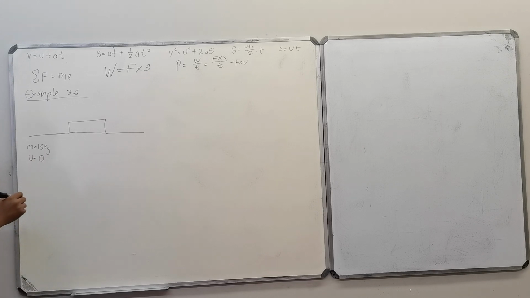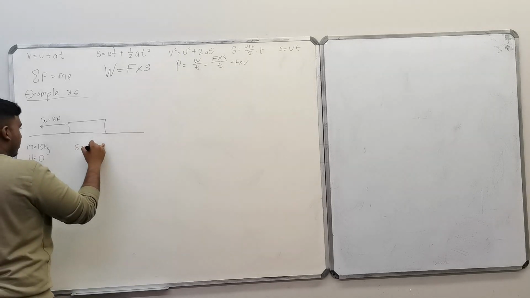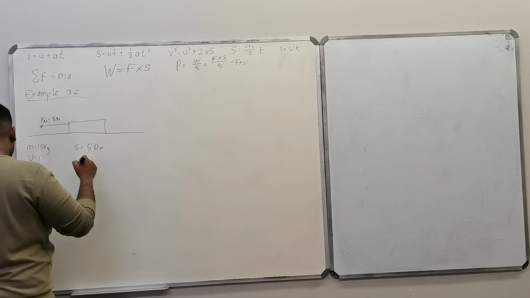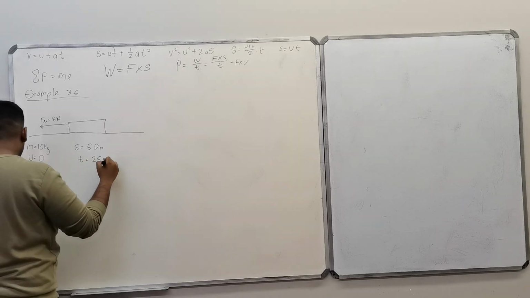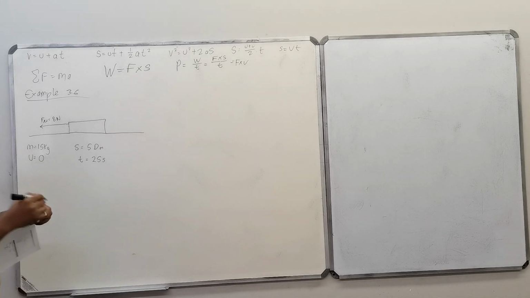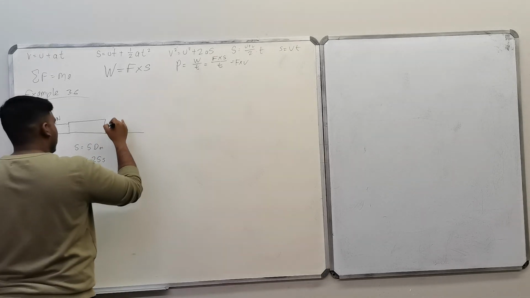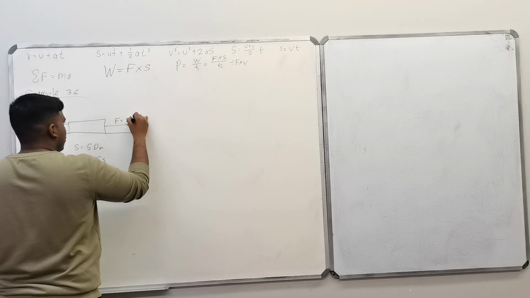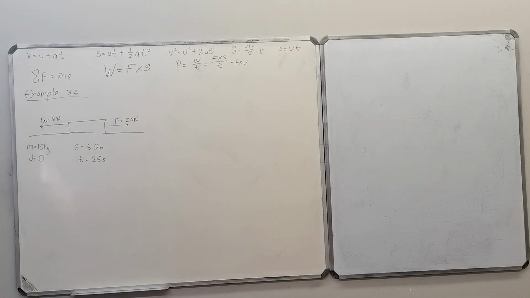The resistance against motion is equal to 8 newtons, which is basically a frictional force. The object is displaced through 50 meters, so S is equal to 50 meters, during 25 seconds by a horizontal force of 20 newtons. So the force being applied to this object is 20 newtons. We understand what the question basically gave us?